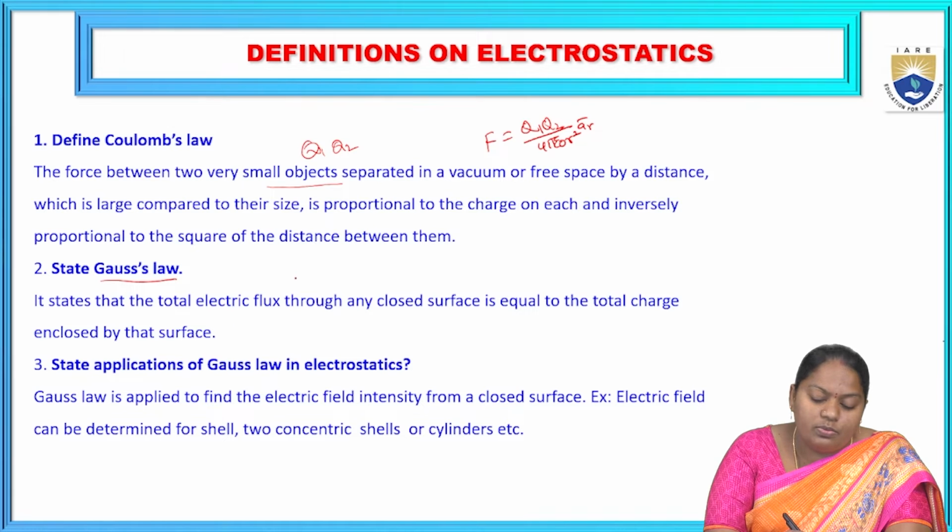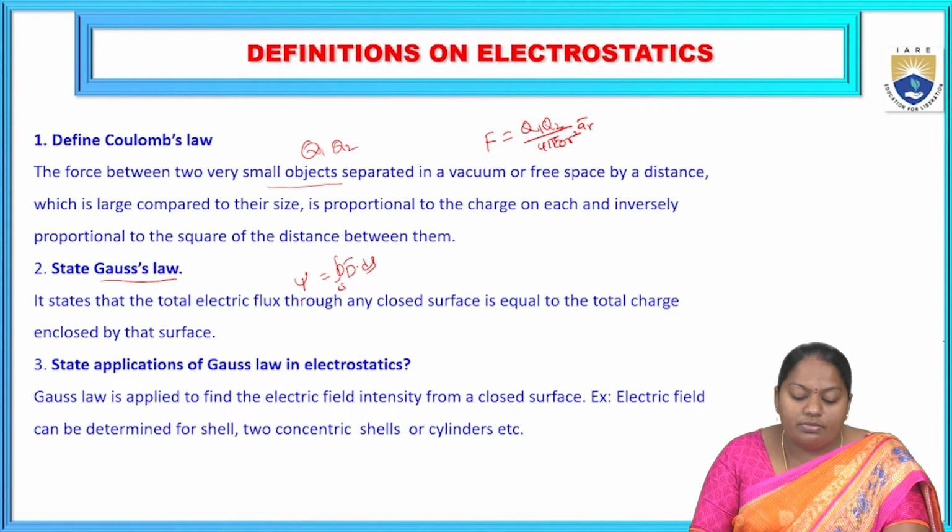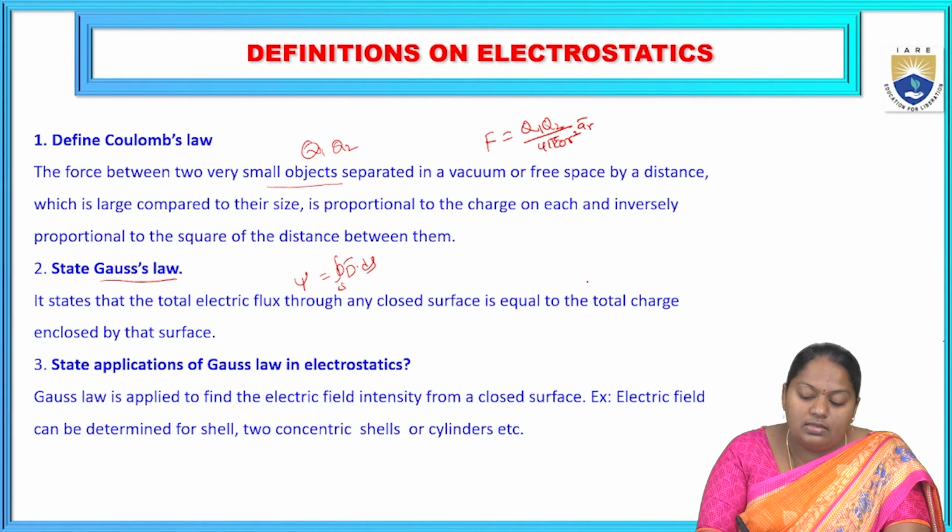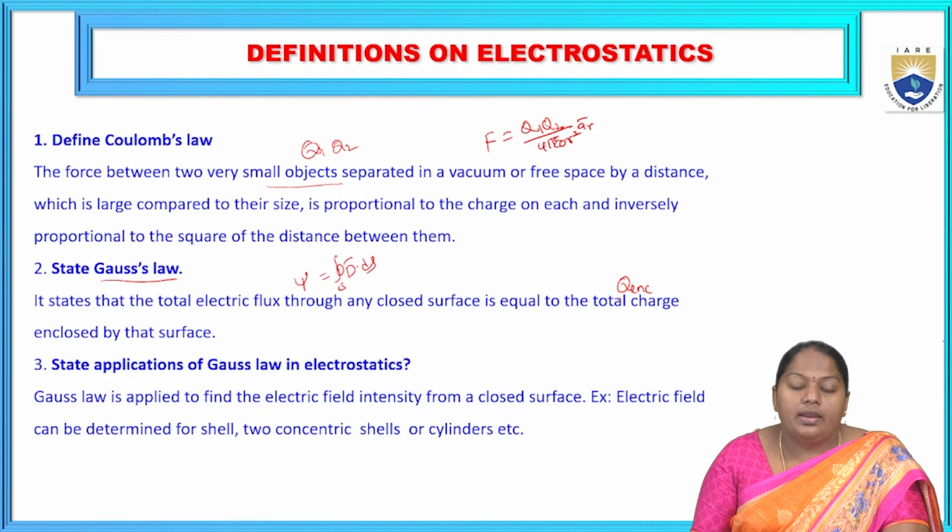The flux is denoted with psi, and the flux through any closed surface is given by the integral over S of D dot dS, which is equal to the total charge enclosed by that surface. The total charge enclosed is denoted Q enclosed.